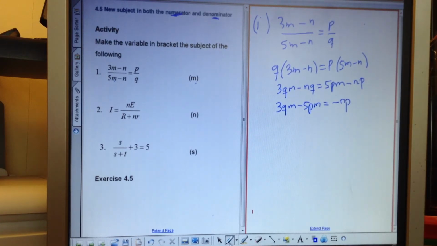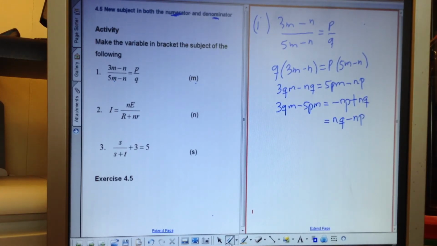Then because it's minus, we add nq to the right hand side. This can be reorganized to look nicer, with nq minus np.